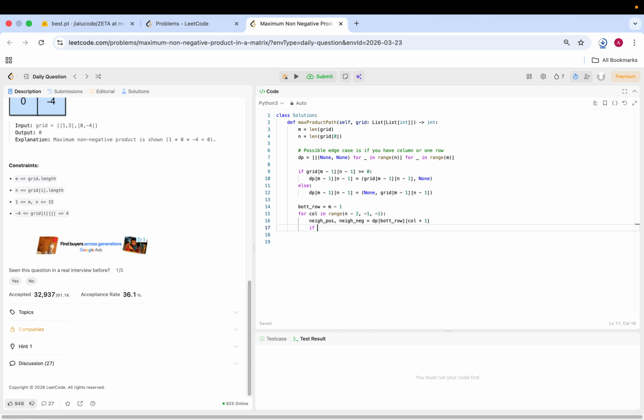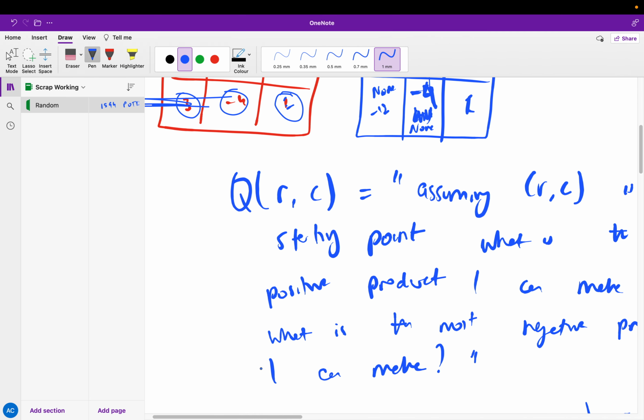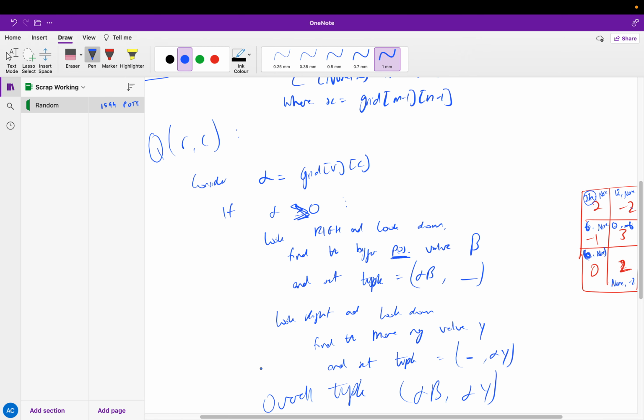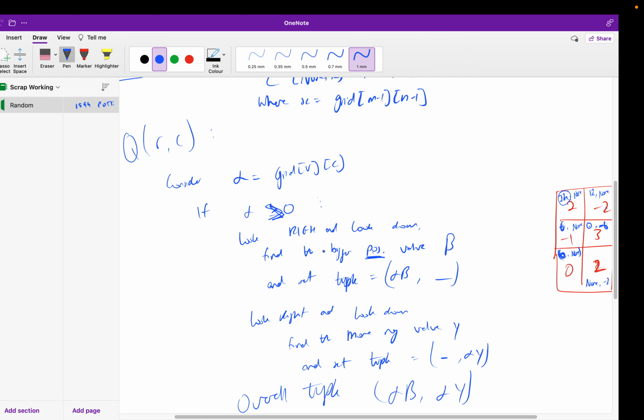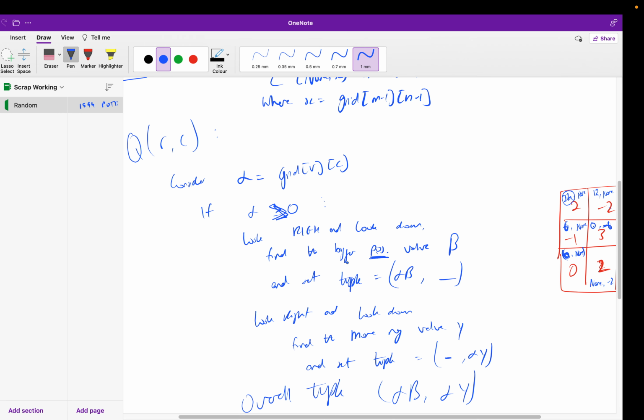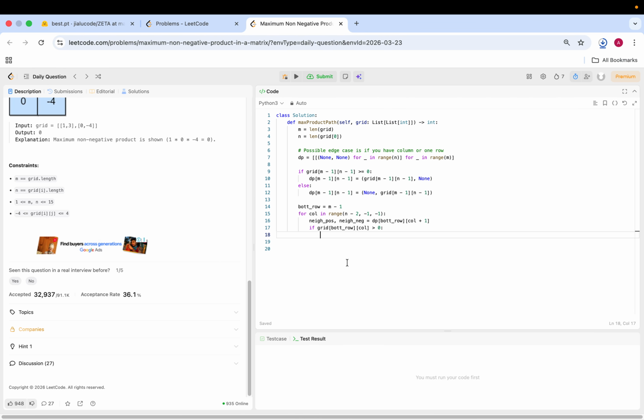So if the place I'm at, which is bottom row column, if it's greater than 0, then I've got to do this thing. If it's greater than 0, take the beta value, which is the positive value.